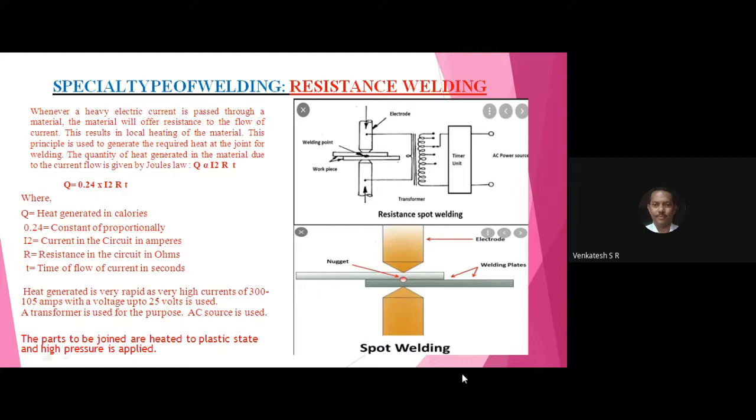In turn, due to the resistance, heat is generated. Full stop. The AC source is used for resistance welding.